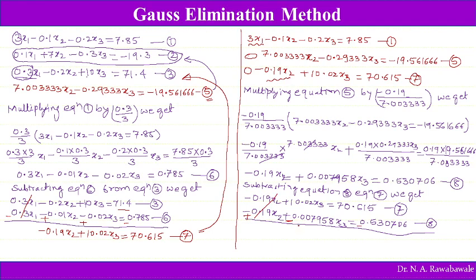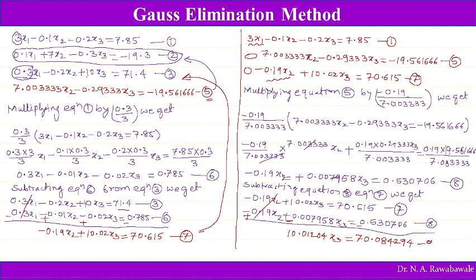After subtraction, this is going to be 10.0120 x3, and this is equal to 70.084294.